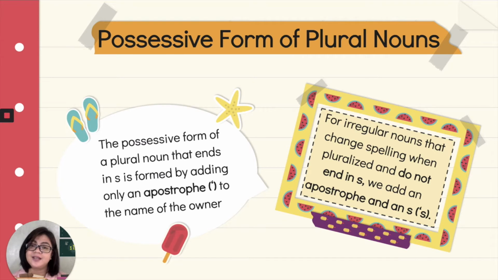So you add an apostrophe at the end of the word men, and then you add S. If you're talking about the clothes of men, you can say men's clothes. So men, apostrophe S, plus the thing that the men own, which is clothes.